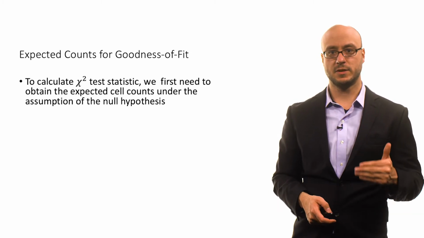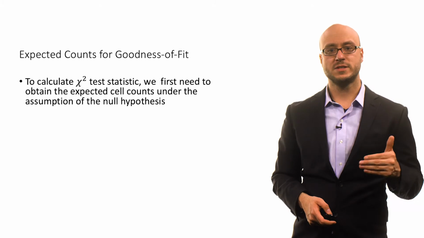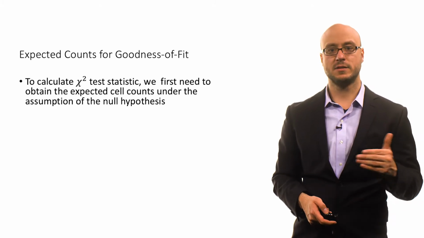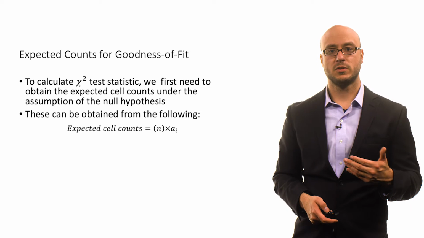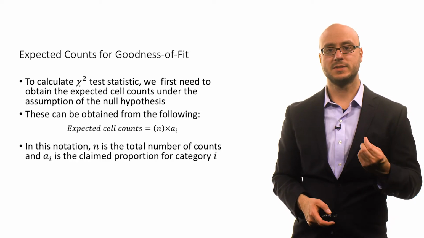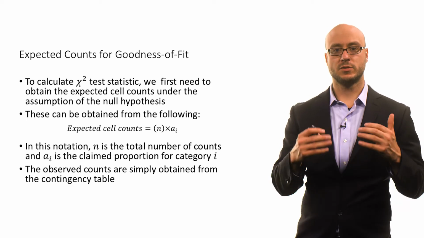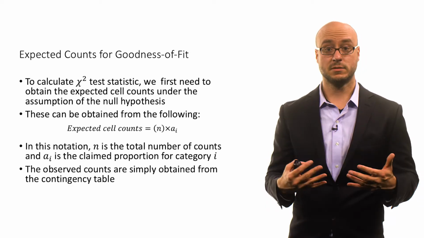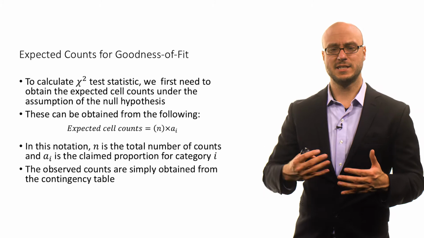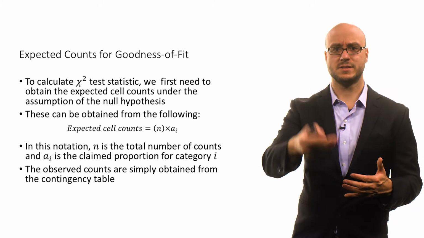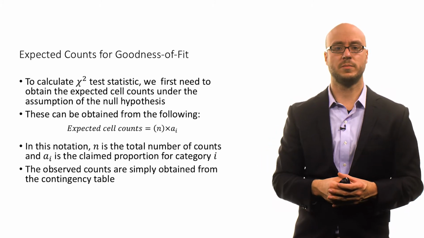To calculate the chi-square test statistic, we first need to obtain the expected cell counts under the assumption of the null hypothesis. The way we do this is we take the sample size and multiply by the claimed proportion for each category. This one-way goodness of fit test is appropriate when we have a single categorical variable with multiple levels, and somebody's making claims about the distribution of this categorical variable in the population.